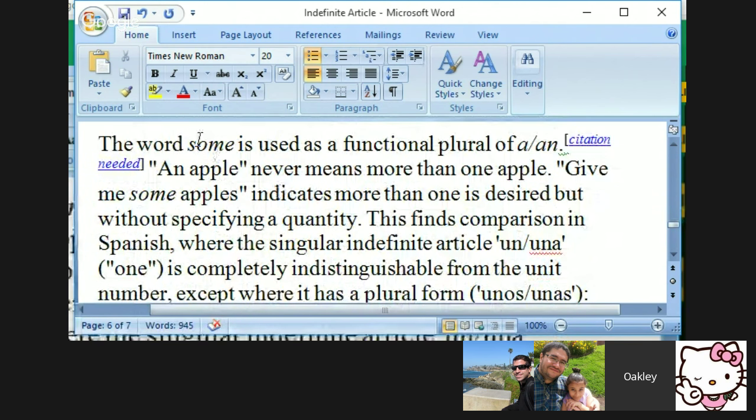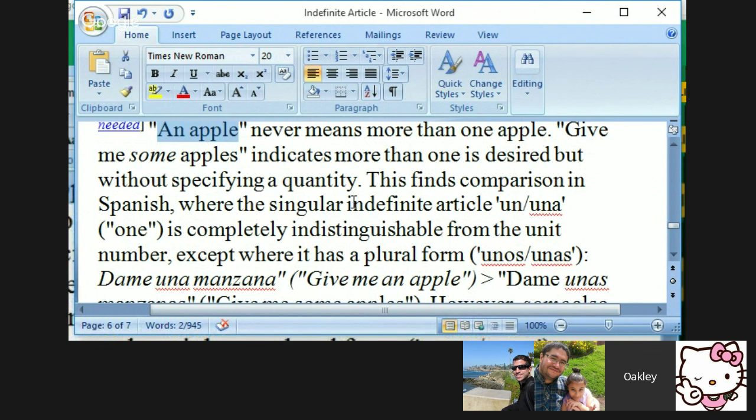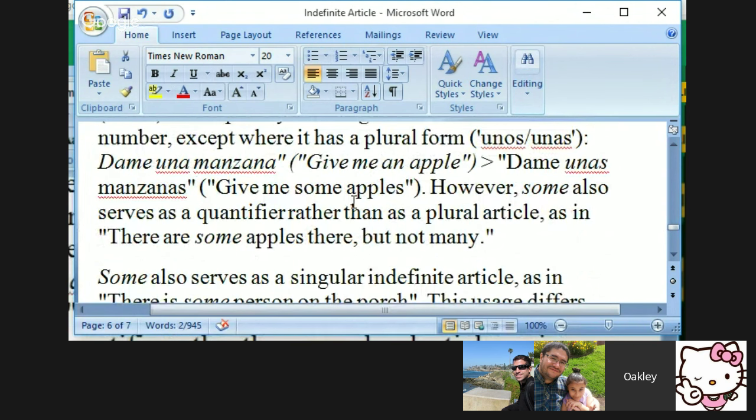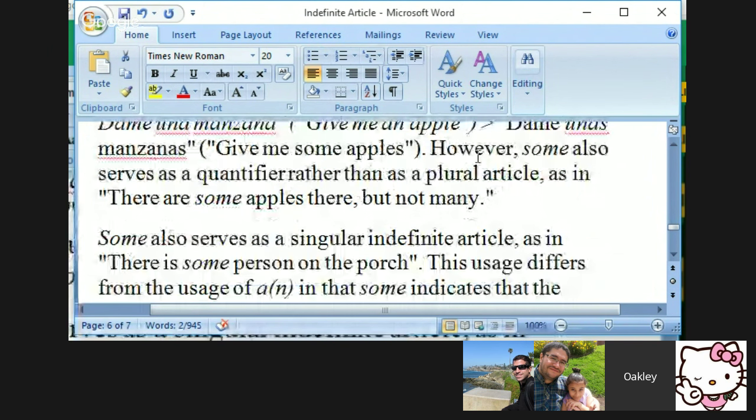I want to just mention some, because some is actually somewhat associated with using a or an. An apple, of course, means one apple. Give me some apples. Obviously, you want a quantity, plural, but not designated. Some is used as a quantifier.